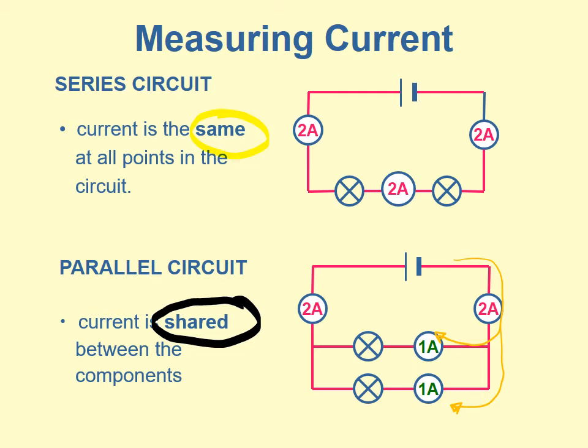We can see in the diagram here, we've got 2 amps leaving the negative terminal, 2 amps at this point here, and then the current splits up. And we can see that we've got 1 amp going this way and 1 amp going this way. And then they both rejoin at this position to make your 2 amps, returning to the positive terminal.